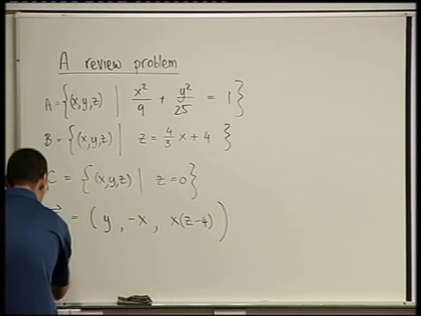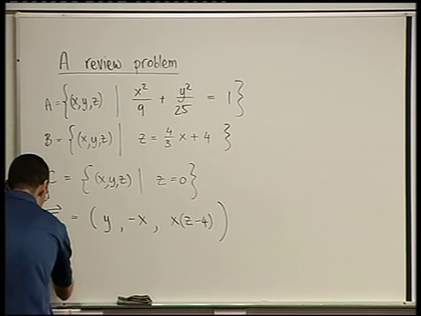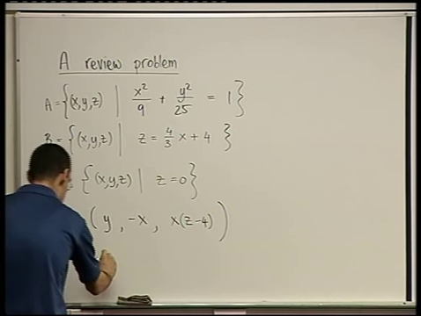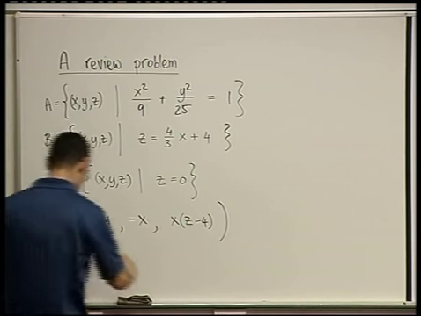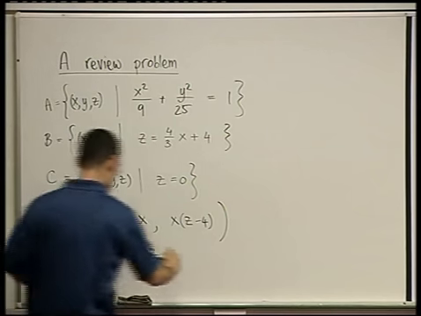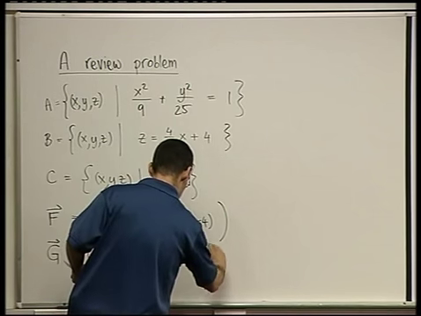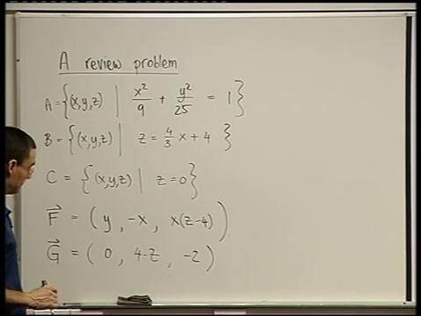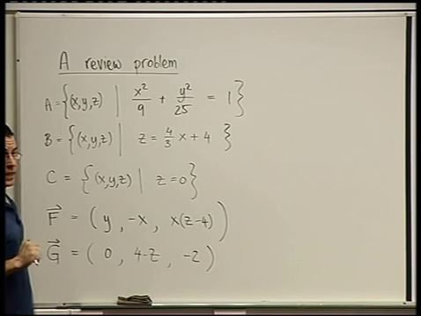That's the field F. And the second field, G, is 0 in the i direction, 4 minus z in the j direction, and minus 2 in the k direction. So this is the data.